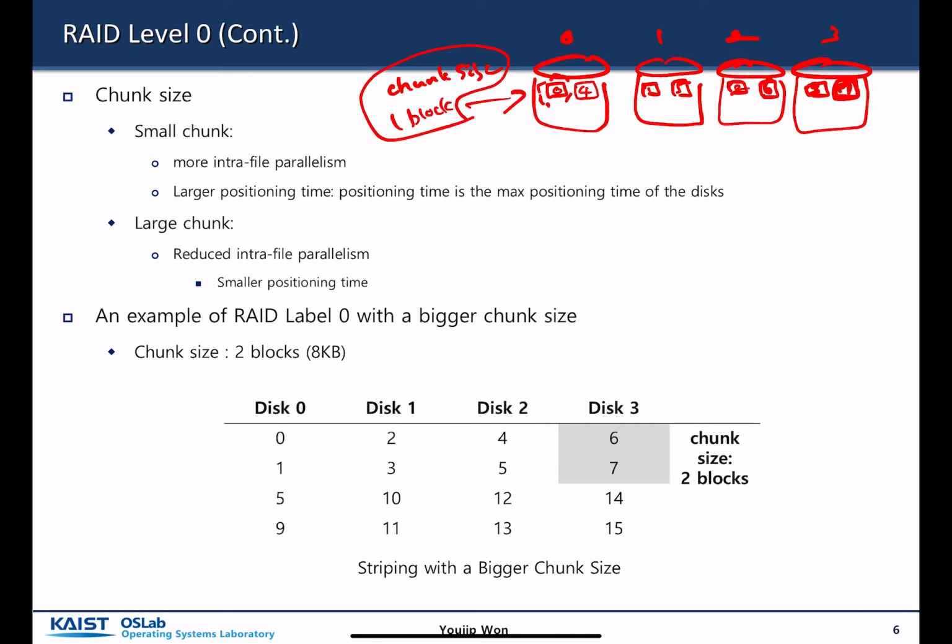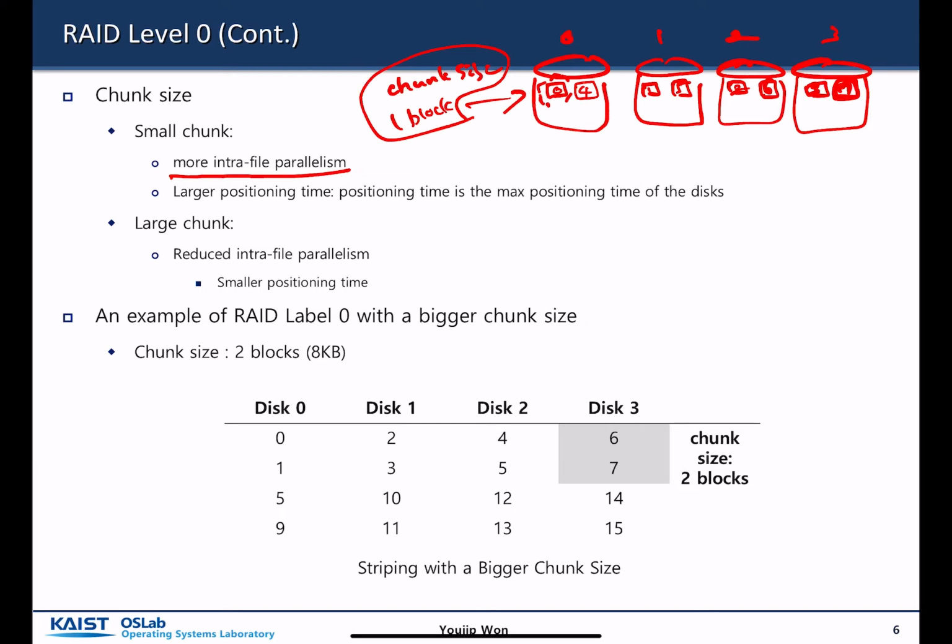In the RAID controller, we can adjust the size of the chunk. So we can make the chunk 1 block, 2 blocks, or even 8 blocks, for example. There are pros and cons of adjusting the chunk size. If the chunk size is small, then we can distribute a single file across multiple disks, so we can introduce more intrafile parallelism. However, when you read a single stripe, you have to read all the disks that participate in the stripe.